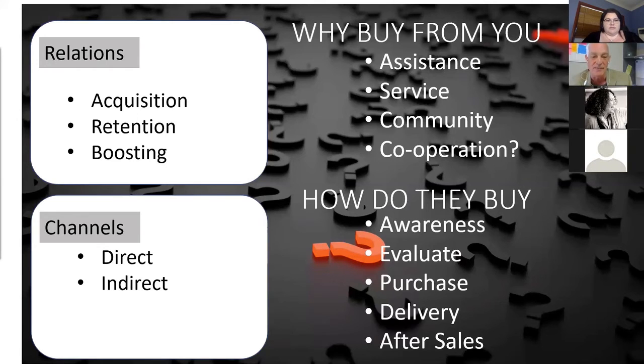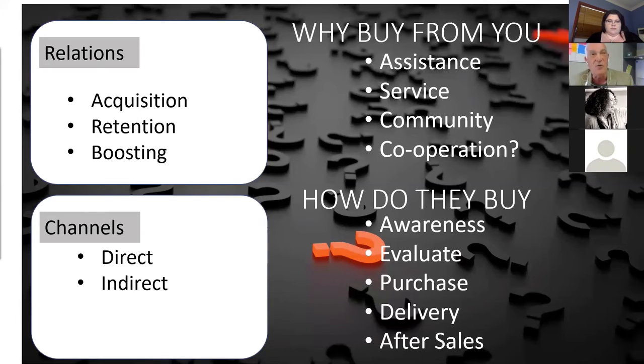And then you look at the channels that you deliver your product through. So how do your customers buy? You need to know if they're aware of what your product is, how they evaluate it, what sort of purchasing frequency they have, how you're going to deliver it, and then what you do for after sales. Do you provide good after sales support for your product?